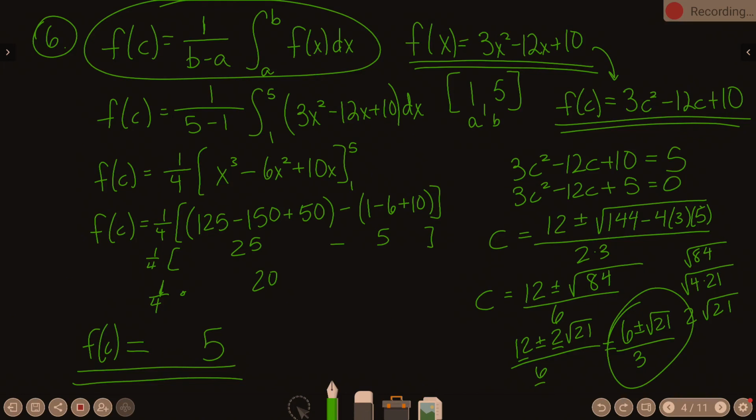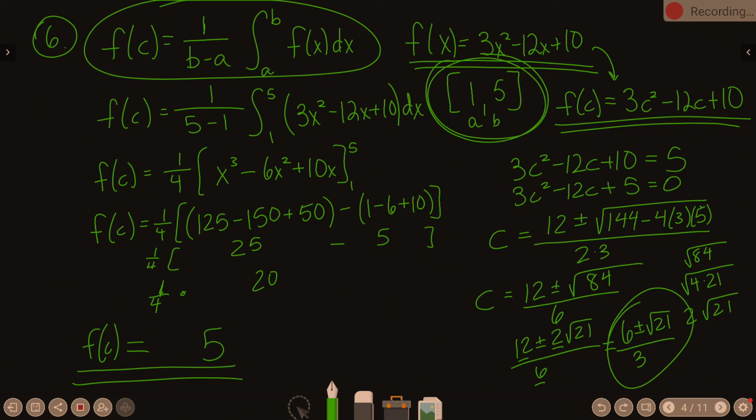Now, I don't exactly know that value, but are we on a certain interval here? We are on a certain interval, weren't we? We were given 1 to 5. So this is where I would double check. 6 plus the square root of 21 divided by 3 is 3.527, yada, yada, yada. 6 minus the square root of 21 divided by 3 is 0.47.